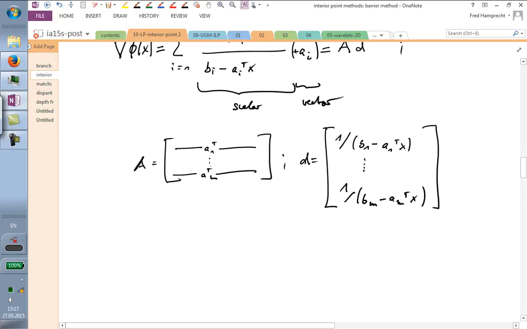Okay. And similarly, you can compute the Hessian matrix. I'm only writing down the result here.